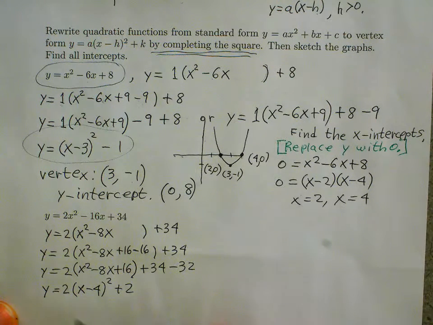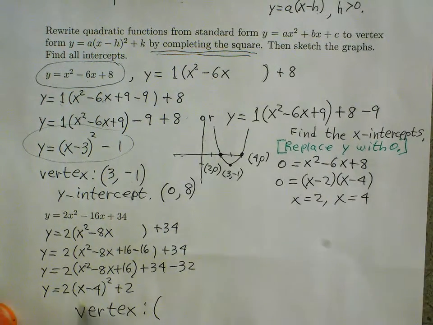So now we know the x and y coordinates of the vertex. The x coordinate of the vertex is positive 4. It's the number that we're subtracting from x on the inside. The y-coordinate of the vertex is positive 2. It's the number that we're adding on the outside of the parentheses.